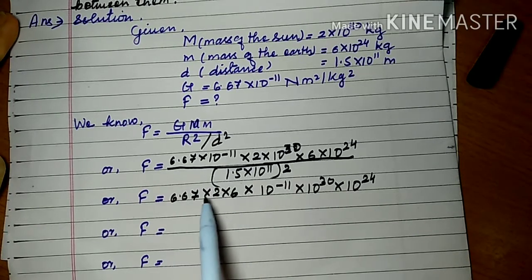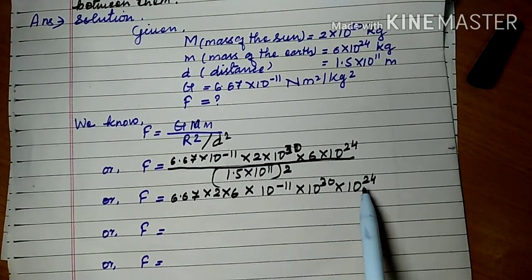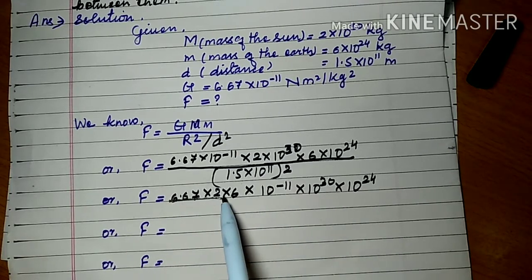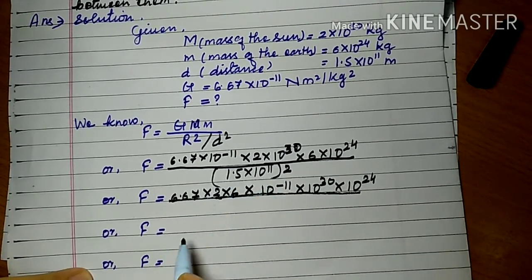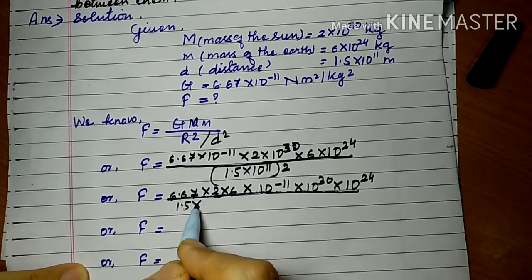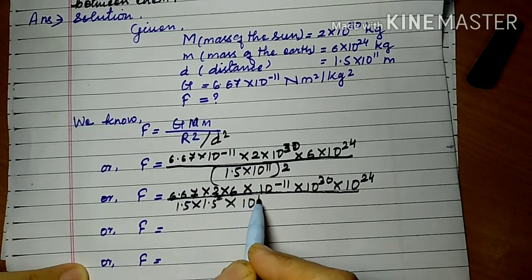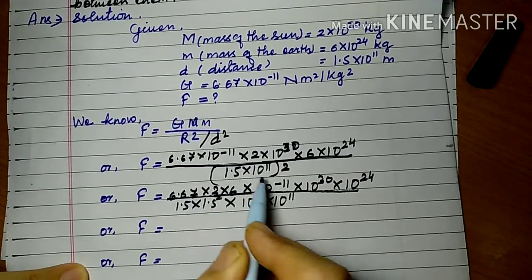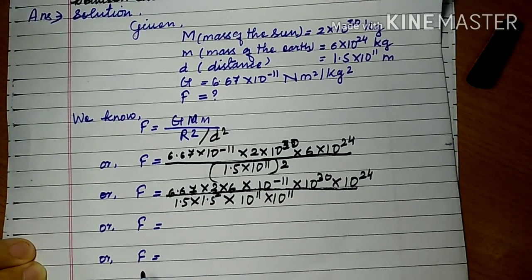You have shifted all these numbers without power over here and numbers with power towards back. Now over here, 1.5 into 10 to the power 11 whole square. 1.5 into 1.5, because it is a square again. 10 to the power 11 into 10 to the power 11, because this is a square. Now we are going to do further calculation.